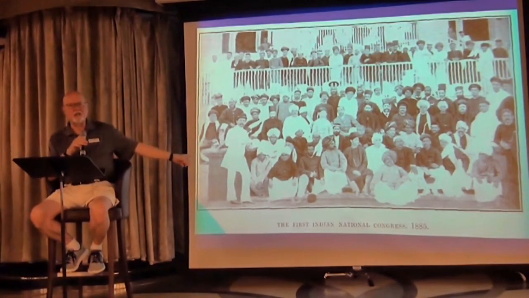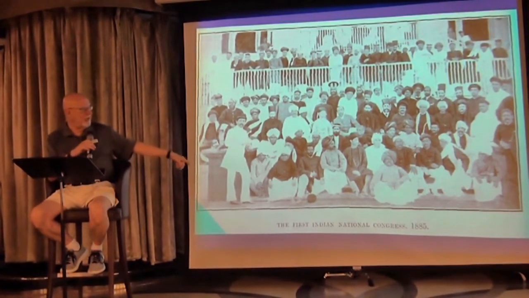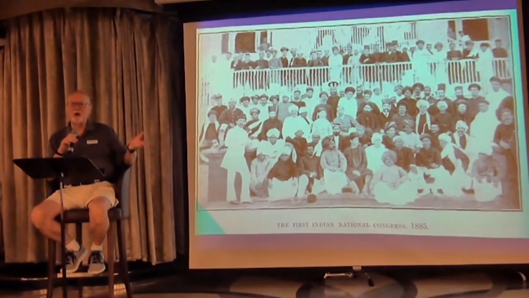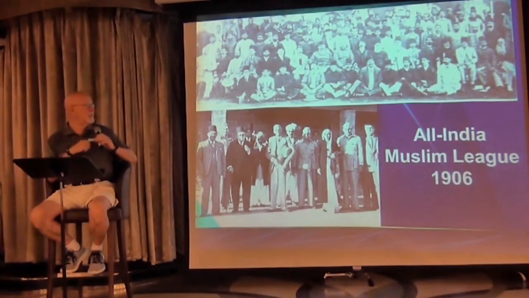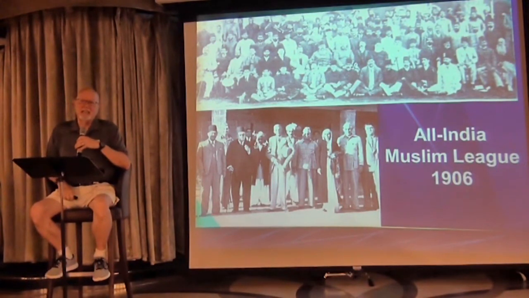The Indian National Congress, and this was a photograph taken at their first meeting in 1885 in Bombay, had almost no Muslims involved, and those that began to be involved very quickly felt like they were not being represented. And so, a number of years later, in 1906, a new organization was founded called the All India Muslim League.